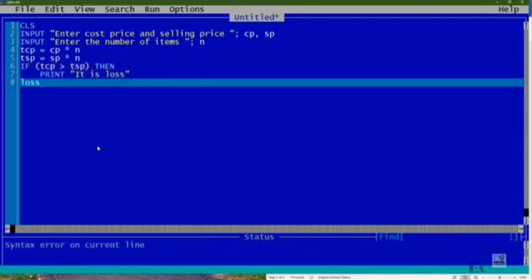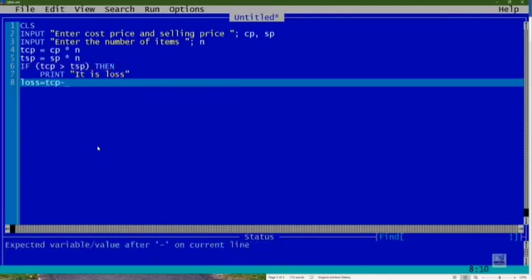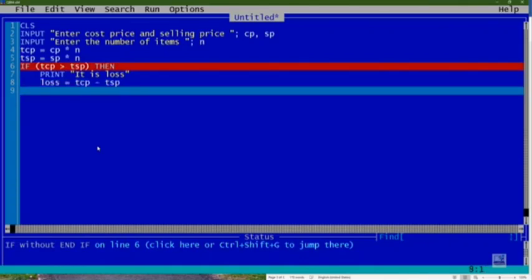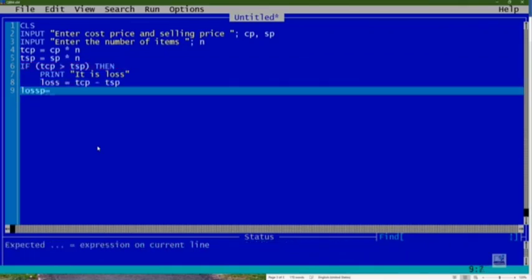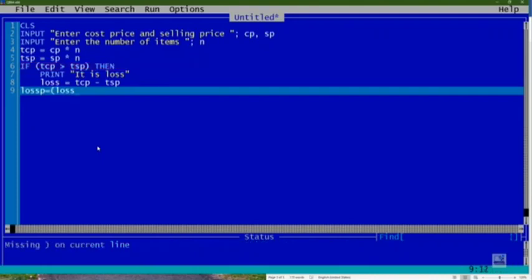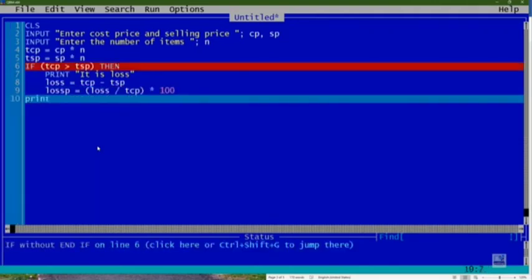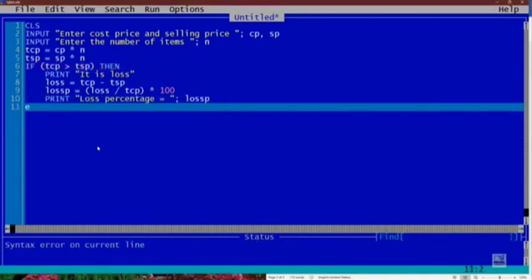So loss equal to total cost price minus total selling price, and loss percentage equal to loss divided by total cost price multiplied by 100. Okay, and then you need to print the percentage. Loss percentage is equal to LOSSP.